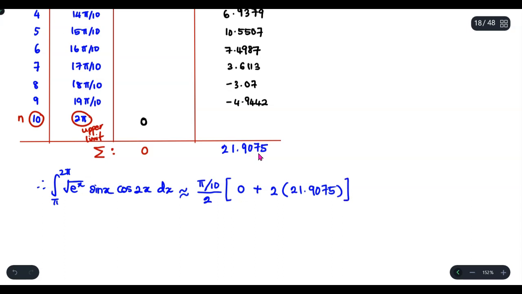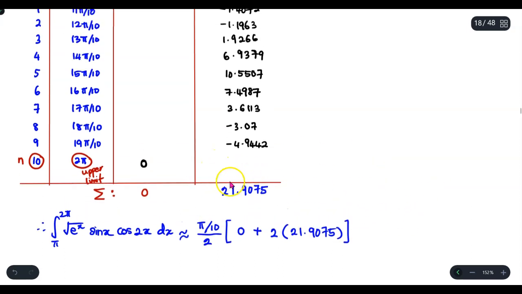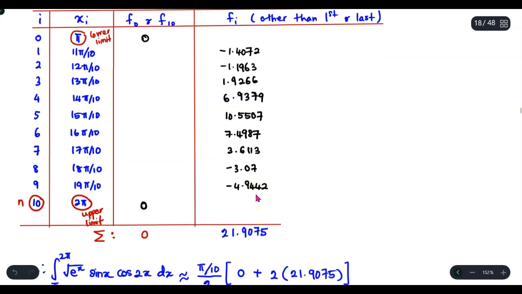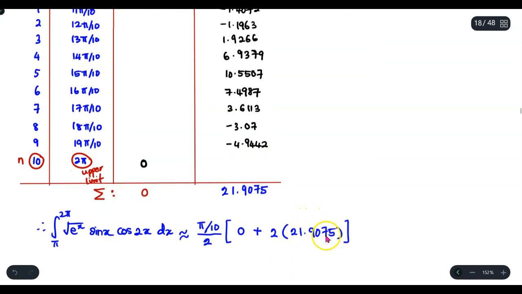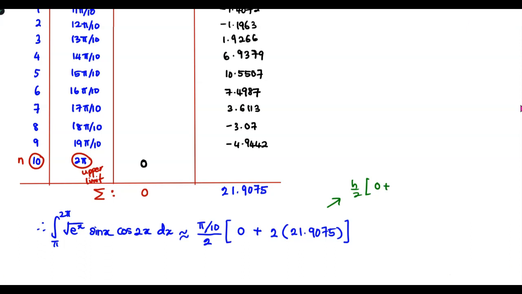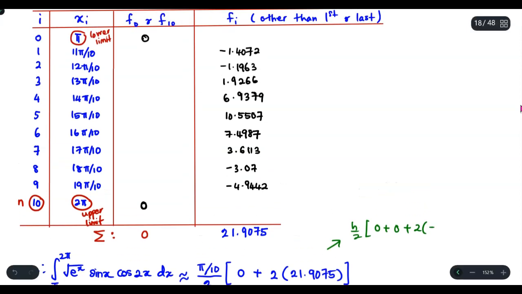Please get the summation values first, because sometimes students put values one by one in the expression instead of writing the summation. Students put h over 2, the first one f naught is 0, plus the last value is 0, plus 2 times the remaining. So you put one by one, negative 1.4072 plus negative 1.1963 plus 1.9266 and so on.